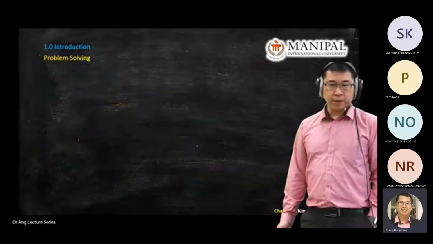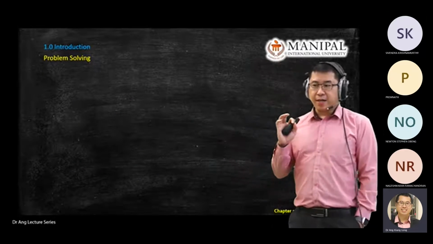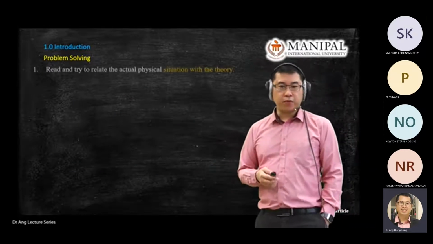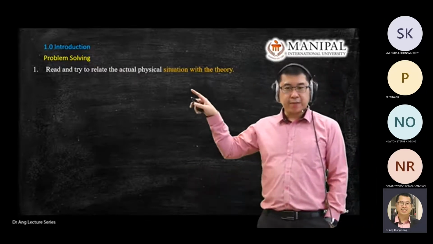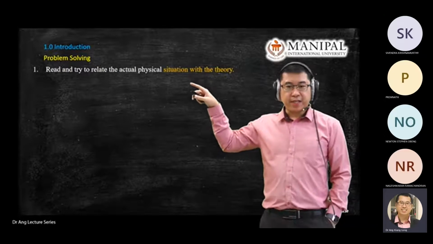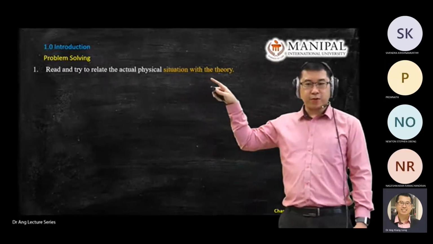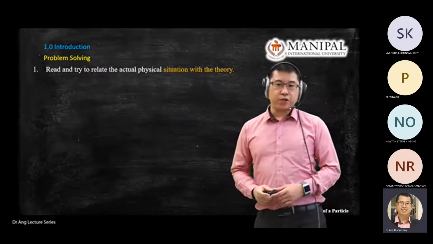So there are suggested steps when you solve kinematics problems for this module. We will repeat these steps many times, and if you practice enough, you will subconsciously follow all these steps. First, read the question carefully.